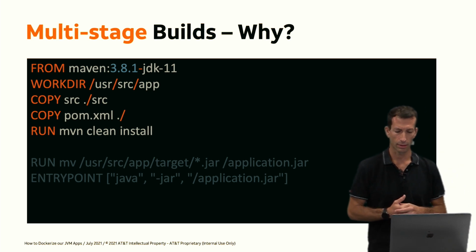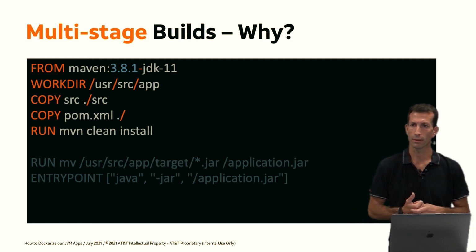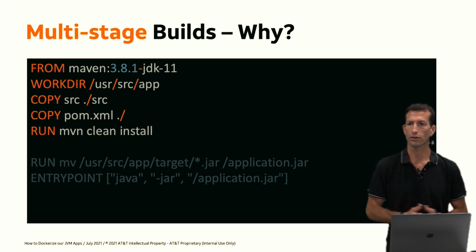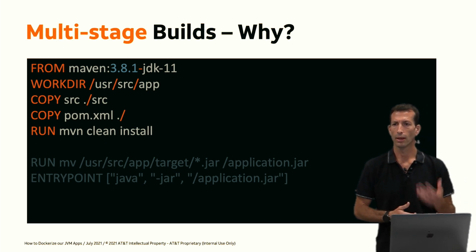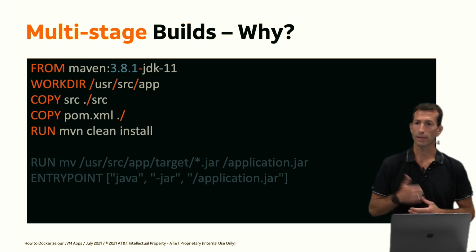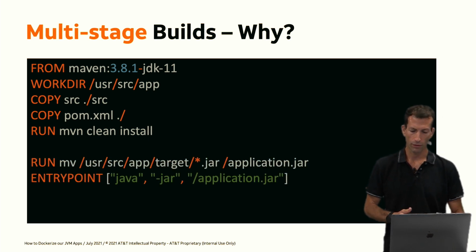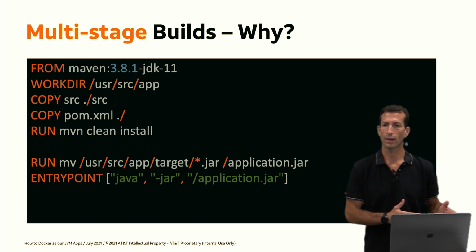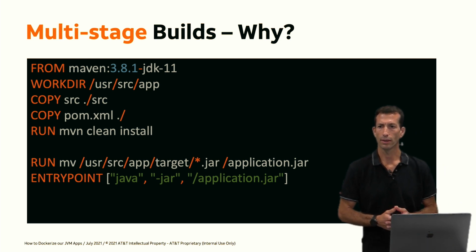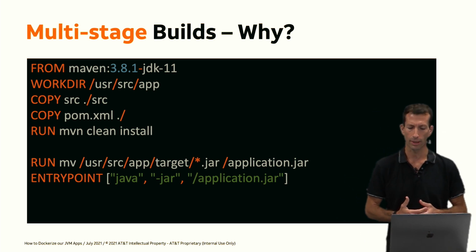In this case, I have a Maven Java application. I run Maven clean install. I get a jar. So that's my first step. And then I move on to the second step, and I copy that jar, and then I define my entry point. Sort of like we saw before, only here I'm also compiling.